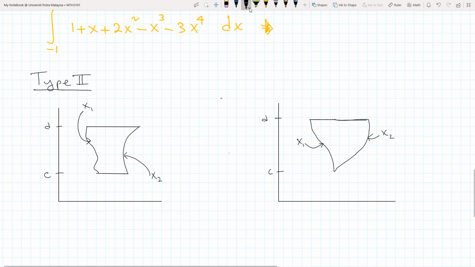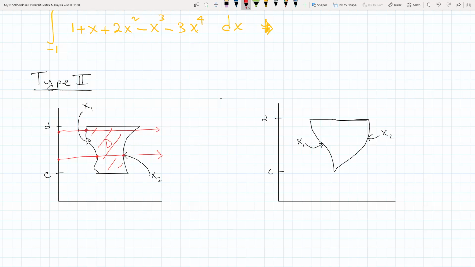Okay. So justification untuk type 2 adalah, let's say, kalau kita pick a constant on y-axis, run through x-axis. So kalau masuk region D ni, bila kita masuk region D, we enter on line x1, exit on line x2. Kita pilih point kat sini, sama juga, same thing happen.